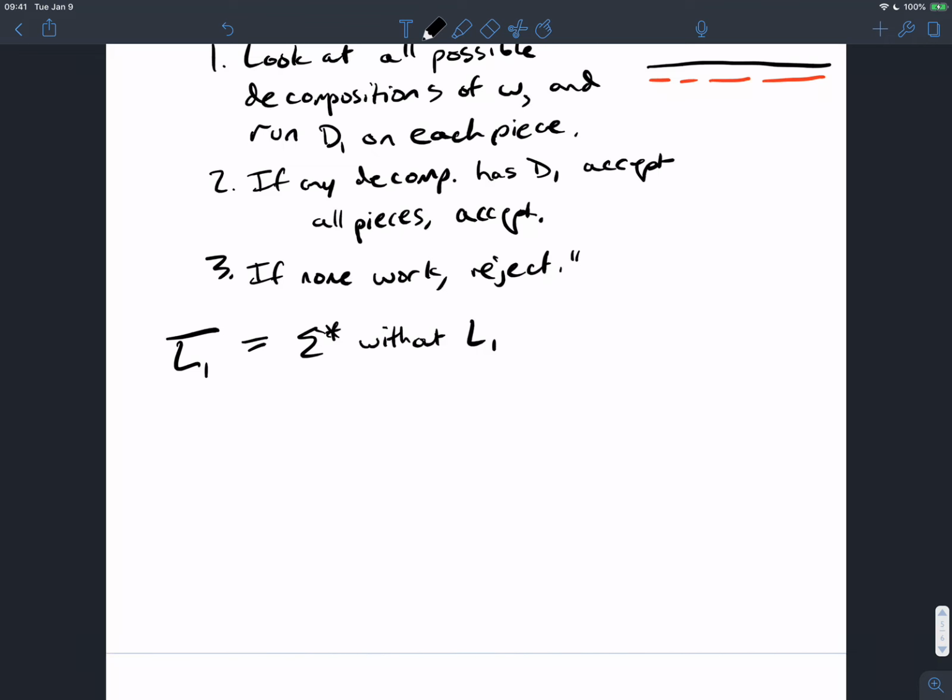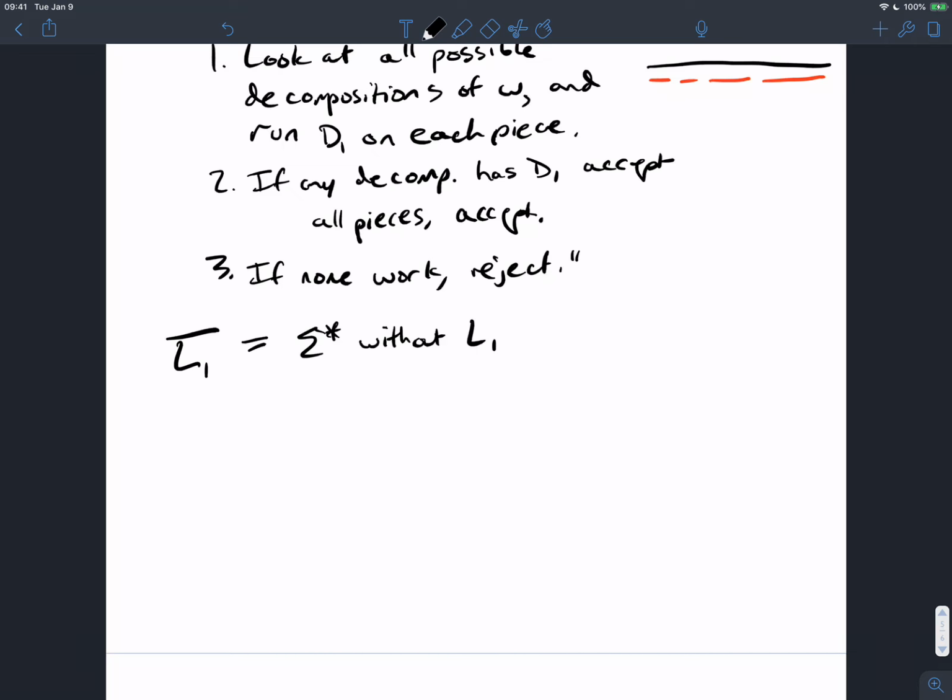Let's see. If let's say D1 says yes on a string here, what should it do for L1 bar? It should, as a decider for it, say reject. What if D1 said no on a string in L1? For our decider, should it say no on L1 bar?